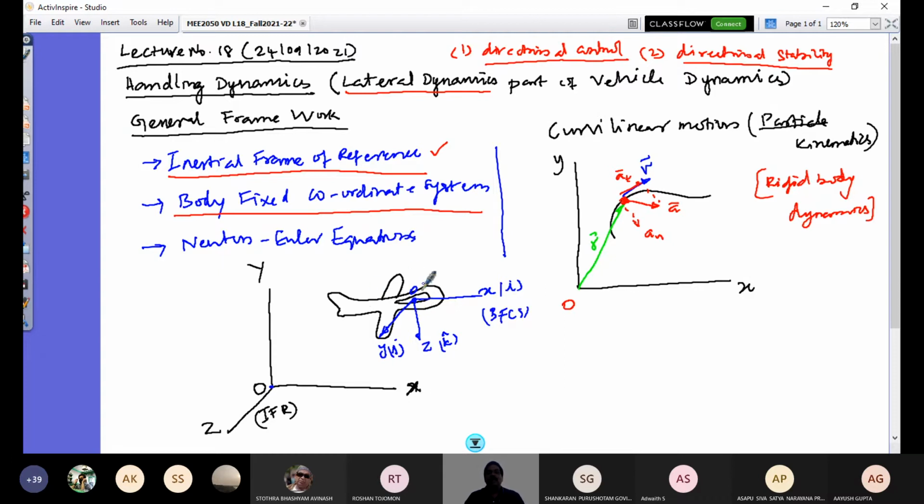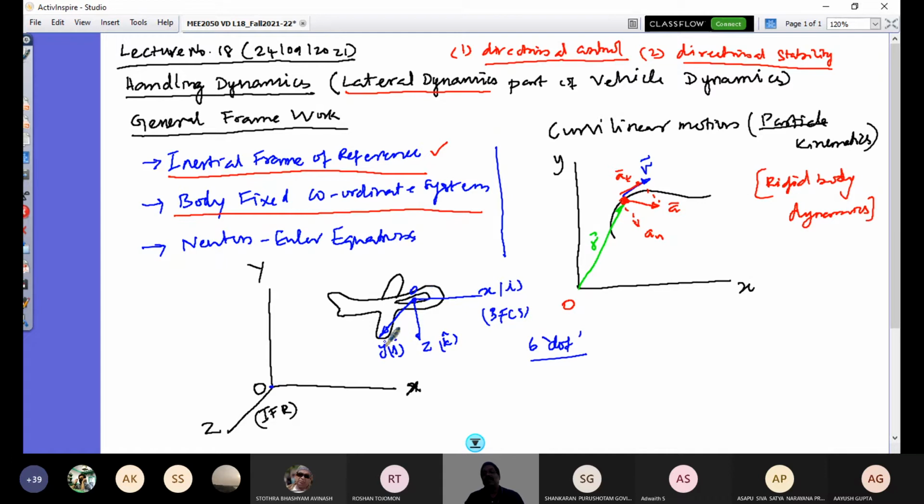So first, please understand that the axis fixed in this aircraft at the CG location is for its 6 degrees of freedom. How many degrees of freedom does a body in space have? It can have 3 translations in these 3 directions. The aircraft can thrust ahead, and it can descend or ascend in the vertical direction.